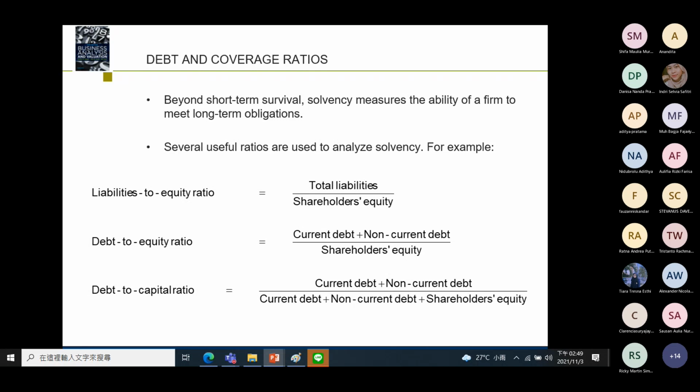First, debt is typically cheaper than equity because the firm promises predefined payment terms to debt holders. Second, in most countries, interest on debt financing is tax deductible, whereas dividends to shareholders are not tax deductible.